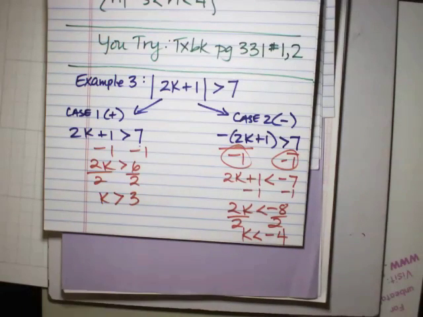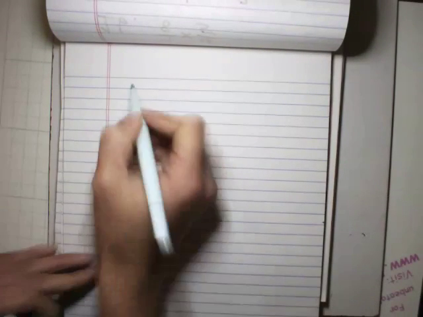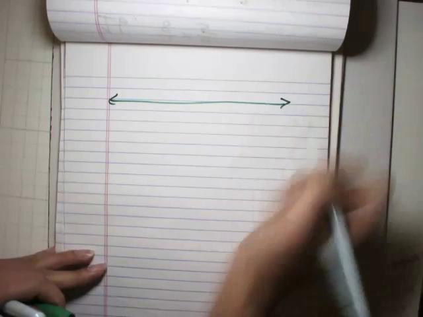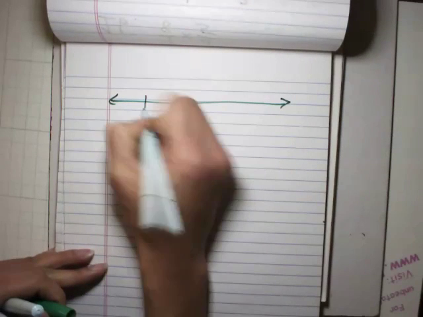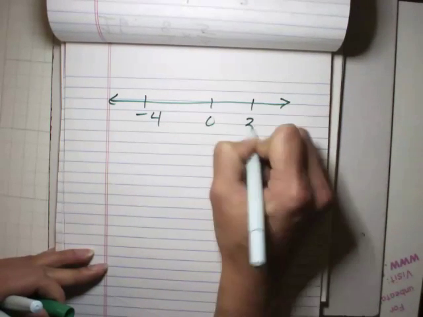Okay, so we're going to graph this and see what type of solution we have here. Go ahead and set up a graph. You should have negative 4 here, 0 here, 3 here.